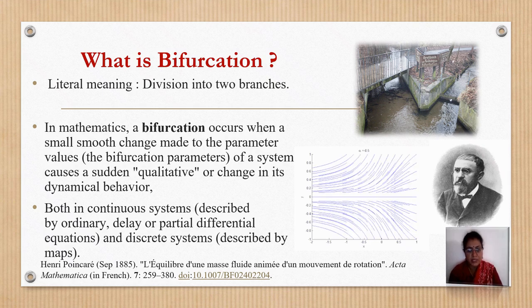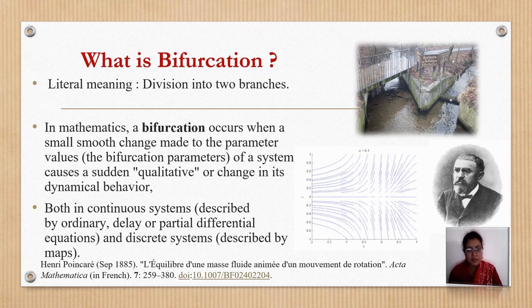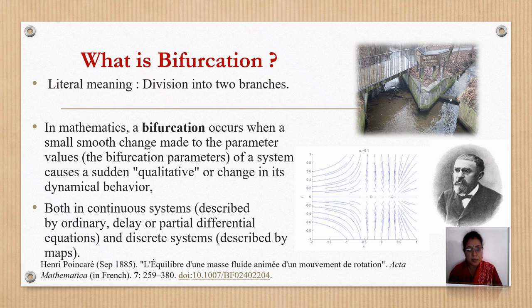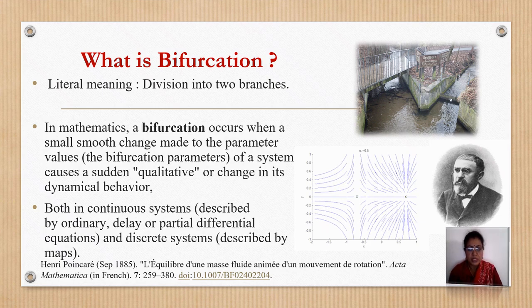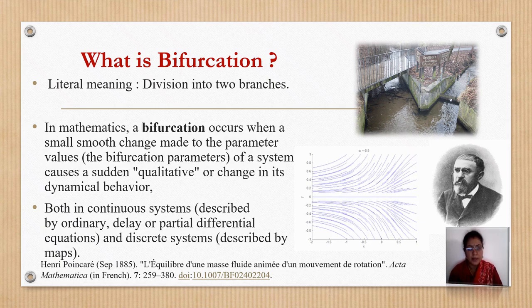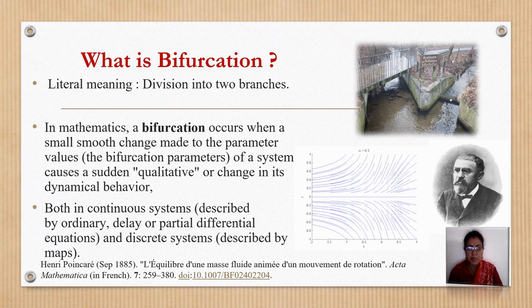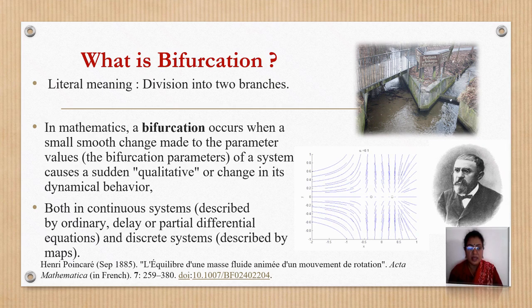So a bifurcation is said to have happened here. And as we proceed, we will identify that this is a type of bifurcation called saddle node bifurcation. This term was introduced by the mathematician Poincare in his first paper in Acta Mathematica.